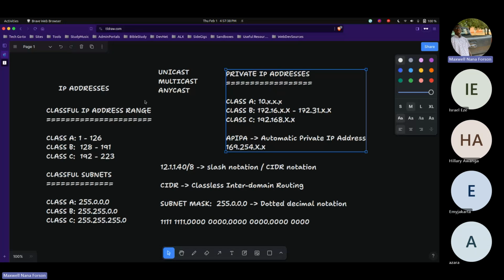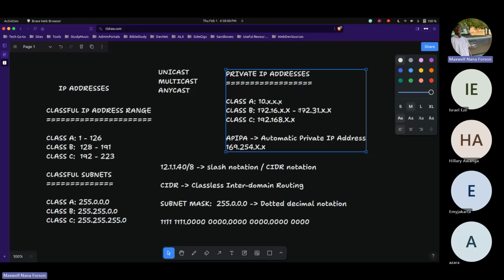Okay. So none of the websites that you visit have an IP address within this range. These IP addresses are used in-house. They're not used on the internet.